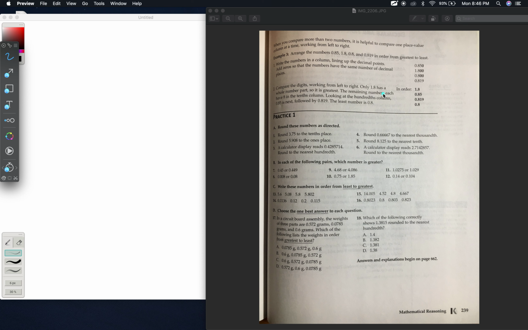The remaining numbers each have 8 in the 10th column. So the 10th is right after the decimal point. All these 8s here, okay? In the 10th column, looking at the hundredths column, 0.85 is next, followed by 0.819. The least is 0.8. So, yeah, least is 0.8 right there.